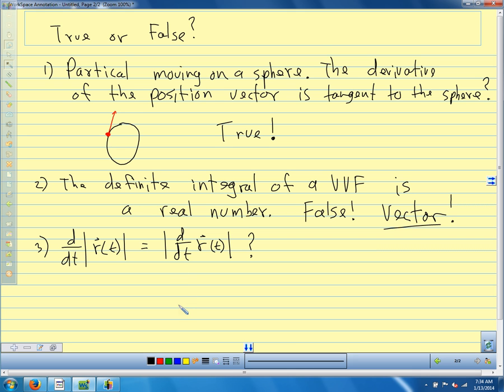So what would be an example of where this would be false? Those of you that said false, can you come up with a counterexample to this problem? So what is the rate of change of the magnitude of the position vector? How could we describe that in everyday language?